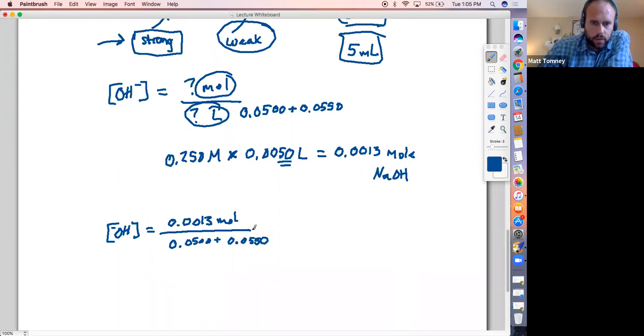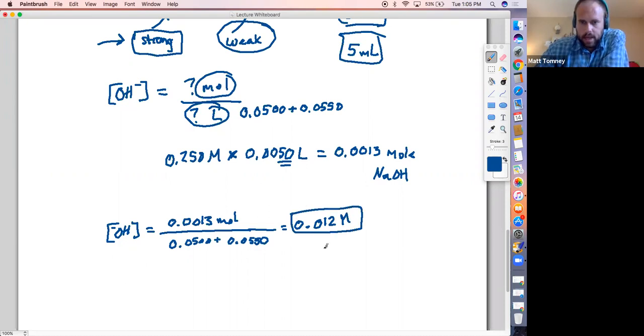So these are the two milliliter volumes that we've calculated into liters. So you put all of that into your calculator, and what you end up with is 0.012 rounded approximately. This is the concentration of the hydroxide ion.